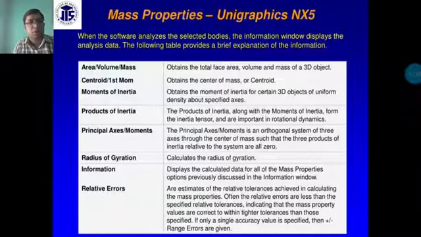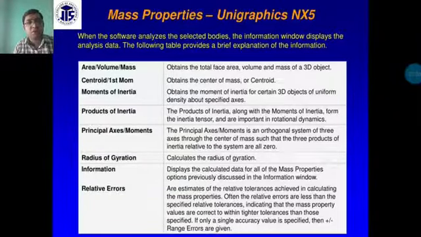The principal axis moments are an orthogonal system of three axes through the center of mass such that the three products of inertia relative to the system are all zero.